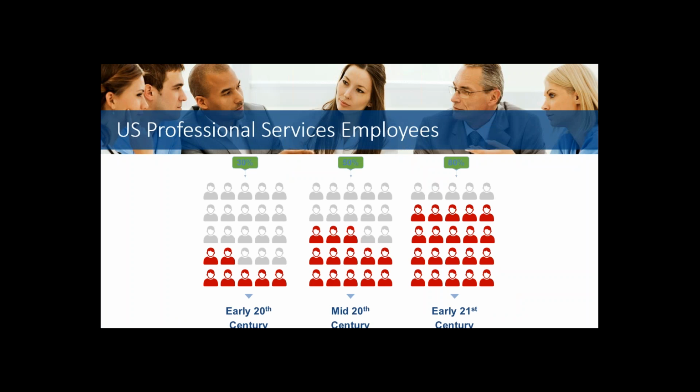And as we look at our current time frame, early 21st century, that number is close to 80%. So 80% of the people in the U.S. that are working are being paid because they're a subject matter expert. They are producing those intangible thoughts and ideas. That commodity traded is knowledge.